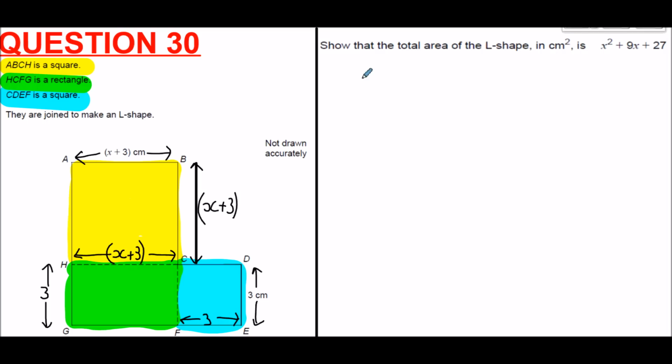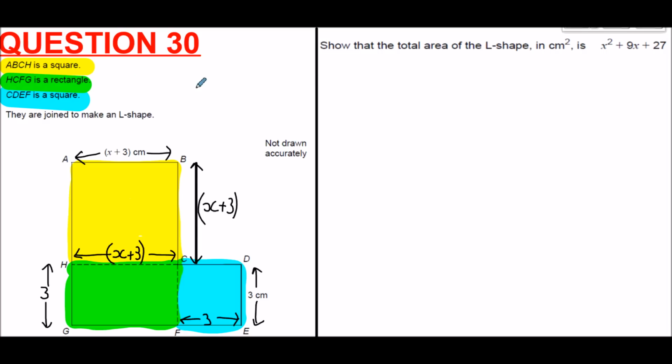So we're on to the area. How do you calculate the area of a square or a rectangle? Well, you take the length and multiply it by the width. So what I'm going to suggest we do is take it step by step.